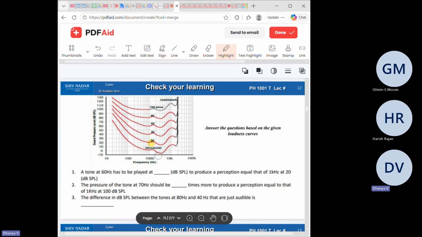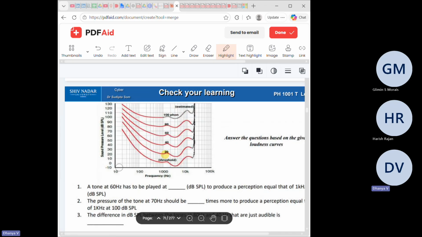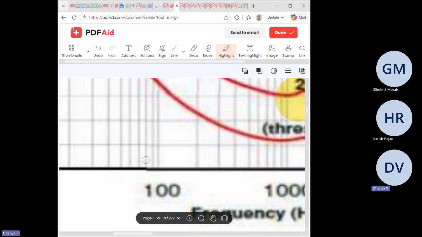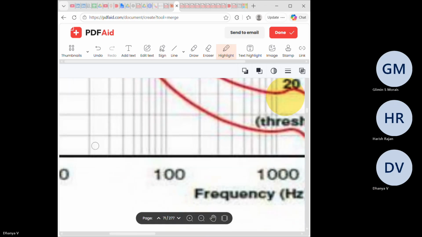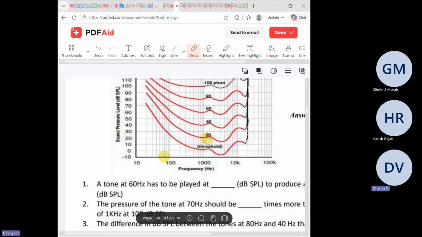Okay, so for 60 hertz, you have to find where 60 hertz is. And 1000 hertz is this part.